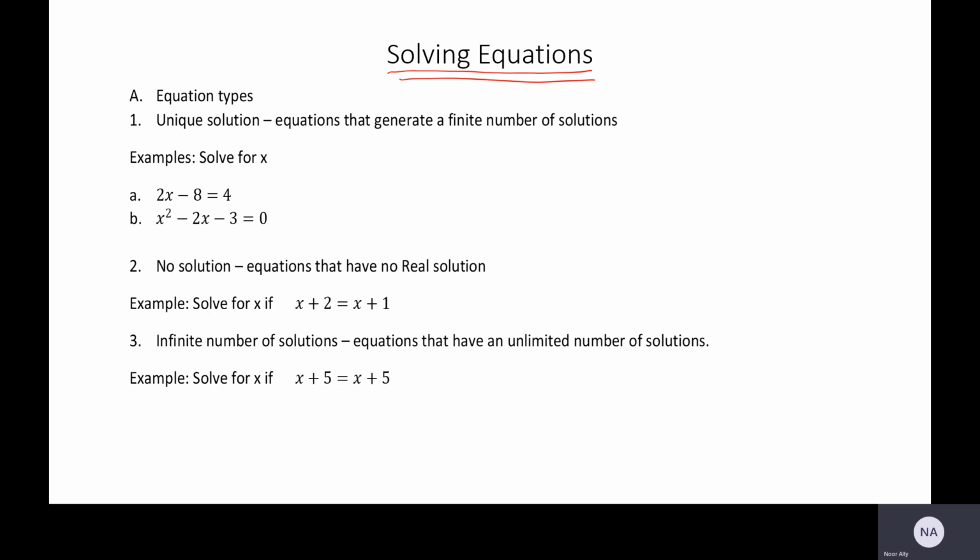So firstly, in the solution of equations, here are examples of our equations. 2x minus 8 equal to 4, x squared minus 2x minus 3 equal to 0, and so on, with the variable x.